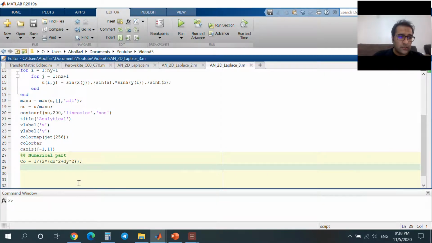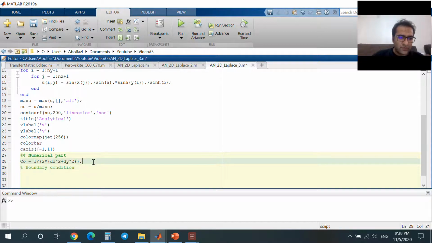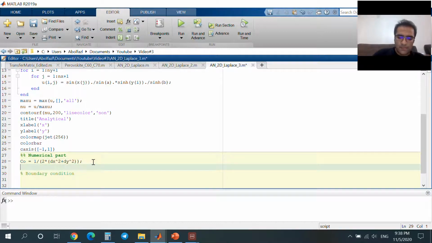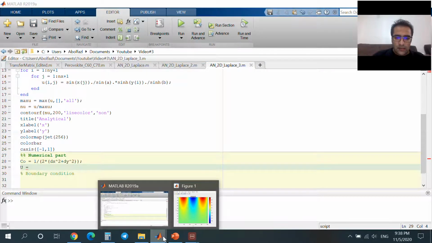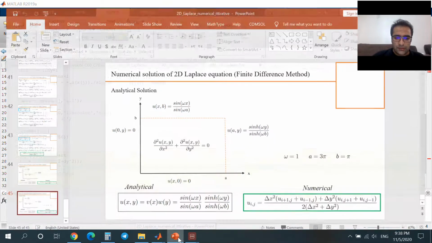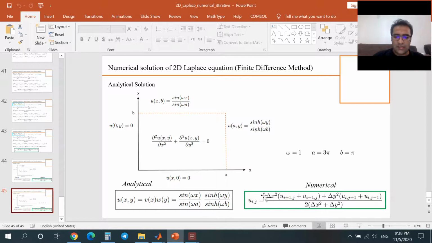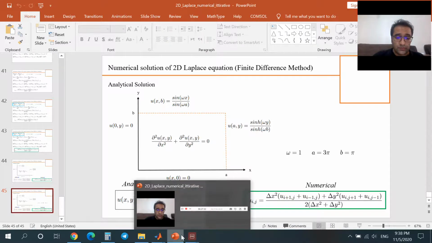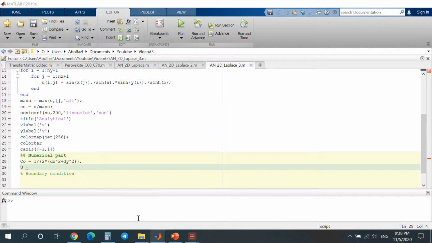Okay, we have the coefficient, and then let's define the boundary condition. And before that, let's allocate some memory for U. For the numerical part, I define this with a capital U to be different from the analytical.